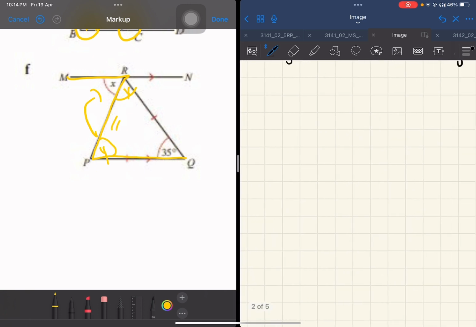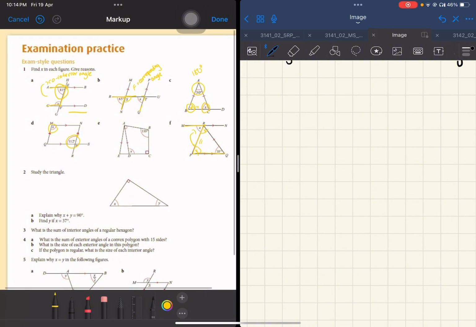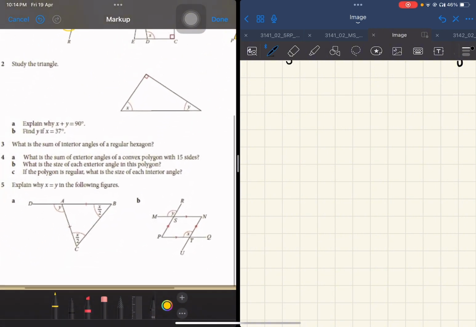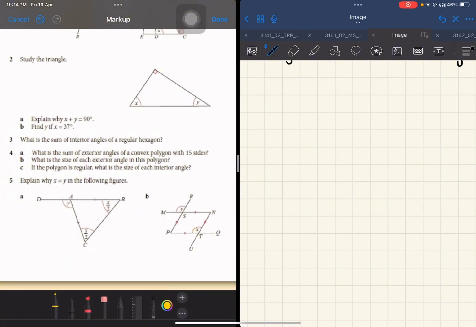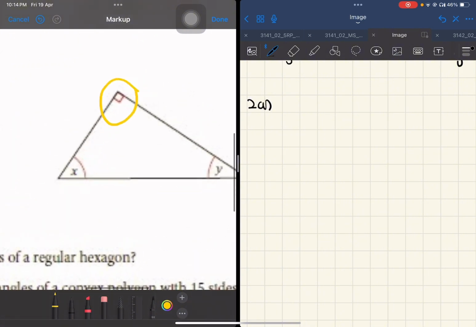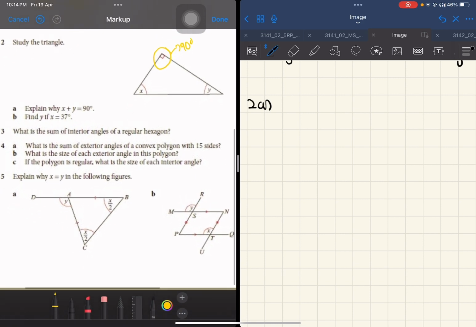Now, we're done with question 1. Let's move on to question 2. Question 2 is study the triangle. Question 2a, explain why x plus y equals 90 degrees. Here it already shows that this part is 90 degrees, and we have covered that the angle sum in a triangle is 180 degrees.